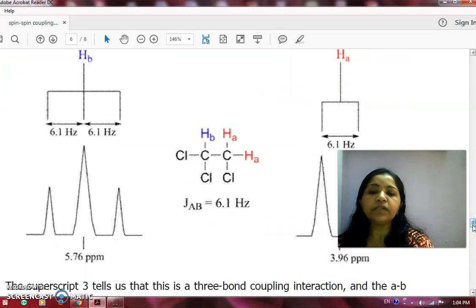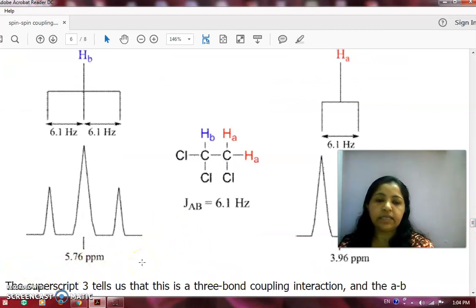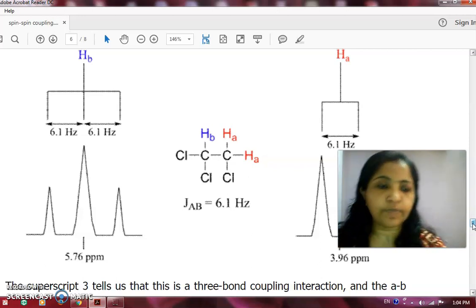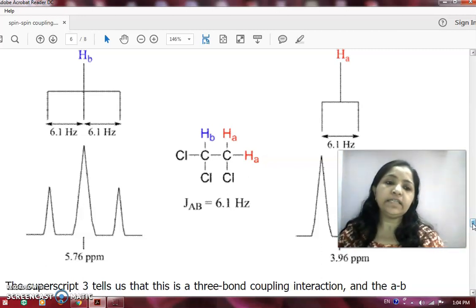So it has 6.1 hertz. Why hertz? Because this is due to the frequency. The x-axis is frequency, so it has the notation of frequency. It is due to the applied magnetic field, and therefore if the applied magnetic field is not very high, there will not be a splitting, even though we have different environment protons. Once we use a more powerful NMR spectrometer, then we will get this type of splitting.